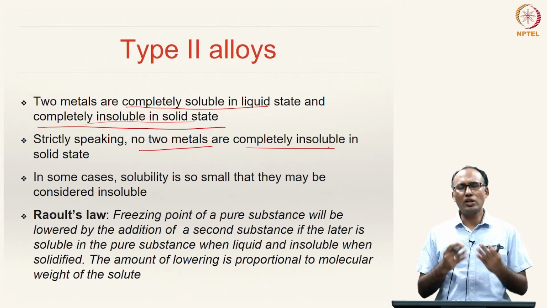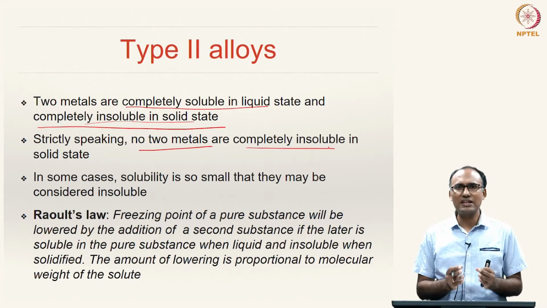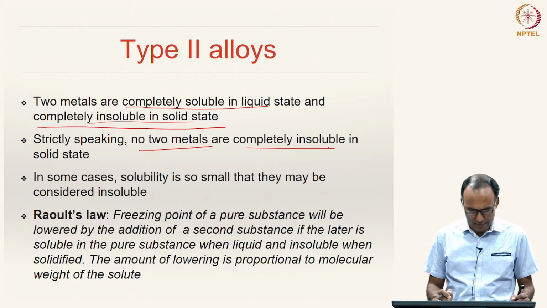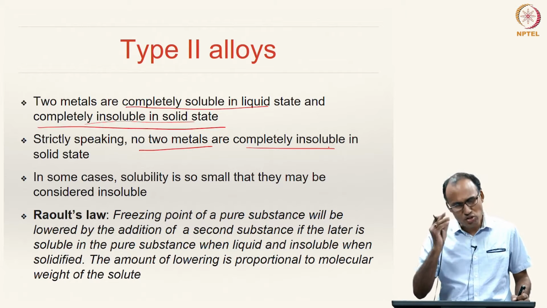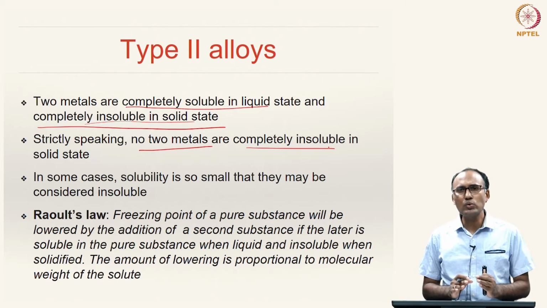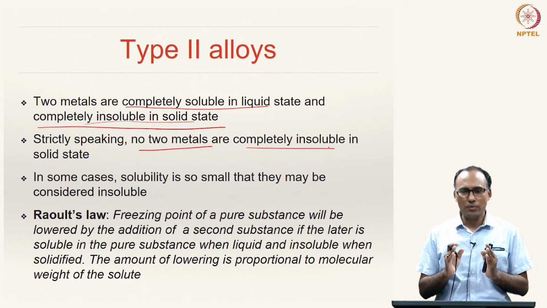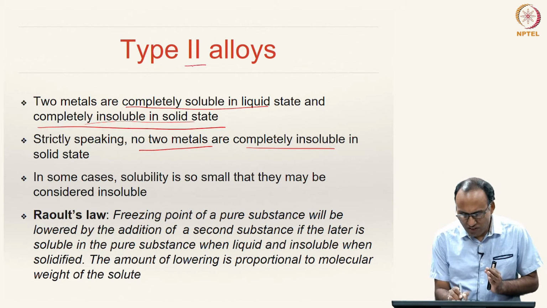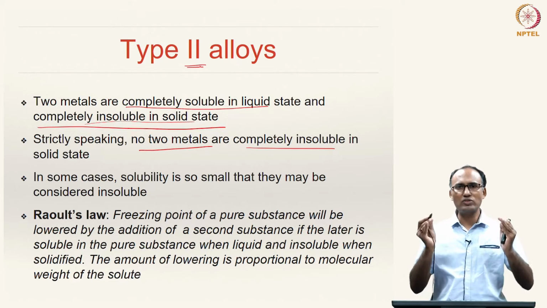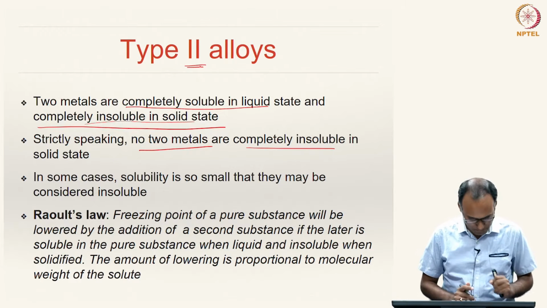But if the solubility is very small, then you can idealize that as complete insolubility in solid state. Even a fractional amount of solubility will lead to certain differences that we will see at a later stage. But in type 2 alloys, we have complete solubility in liquid state and complete insolubility in solid state.